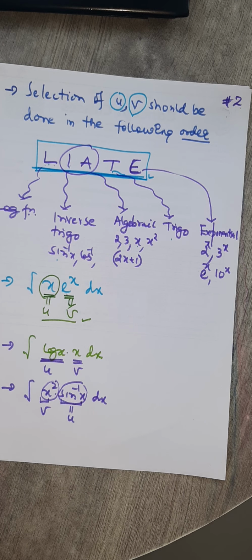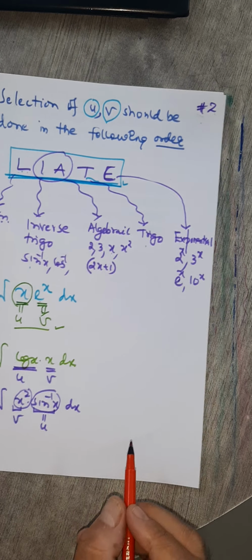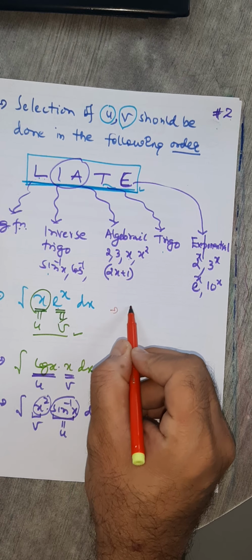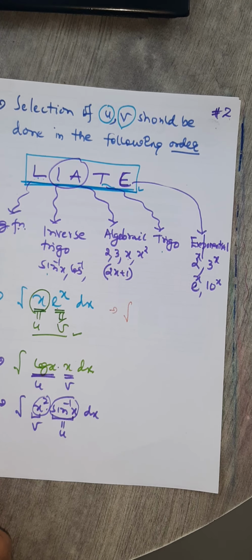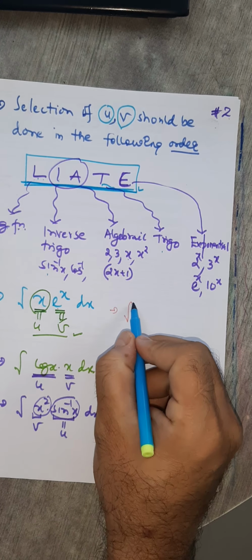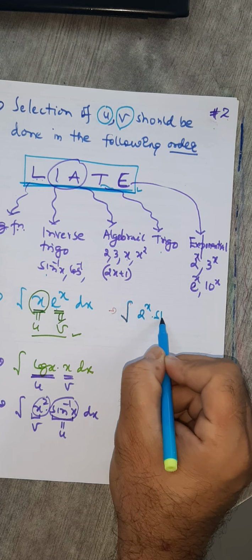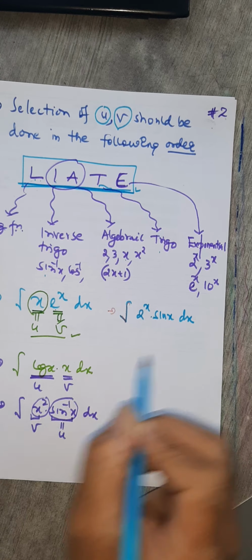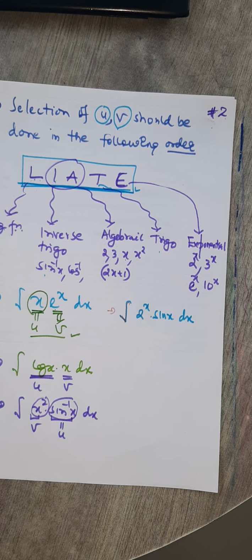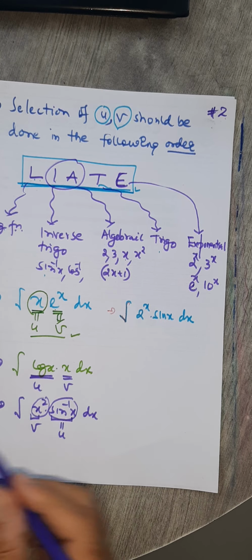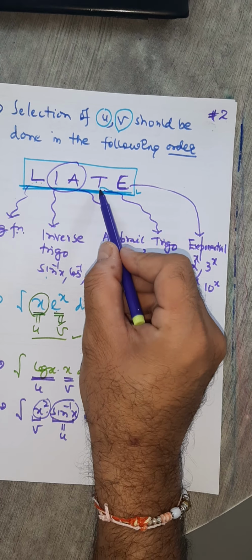Okay, suppose I have one more. Let me write here, 2 raised to x into sine x. Combination of which two functions? Exponential and trigo. In this sequence, which occurs first?